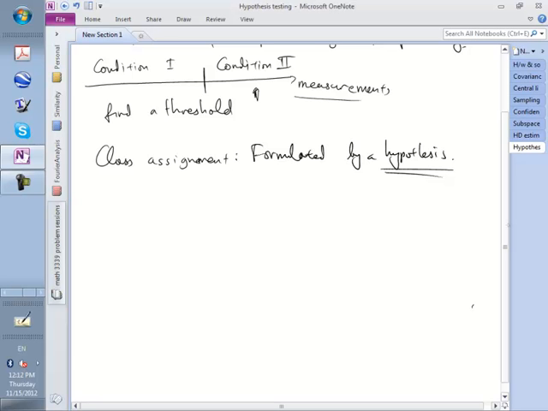So the situation is the following. I have a random variable x. Here's the description of the problem. And I know, suppose that you know the type of the distribution of x.